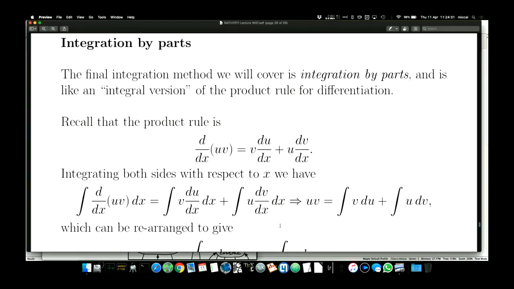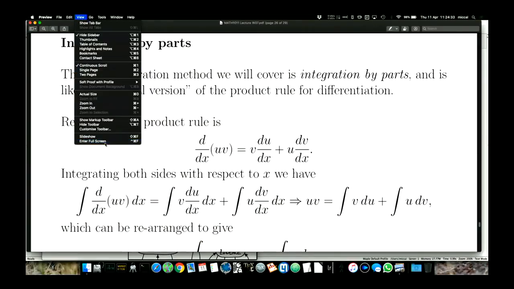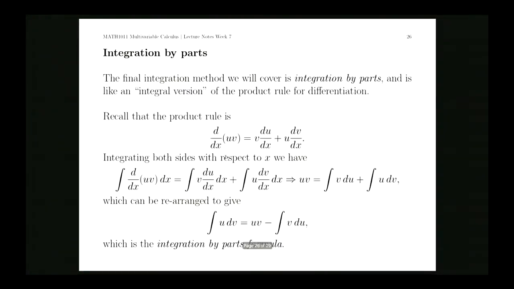Now, basically, if I go back to the product rule for differentiation, of course, remembering integration is the opposite of differentiation. We've got the derivative of u times v, we know is v du dx plus u dv dx, or whichever other way around, it doesn't matter. Now if I integrate both sides, so whatever I do to the left I'm allowed to do to the right, if I integrate the left I get just u times v, right, because the integral undoes the derivative, doesn't it?